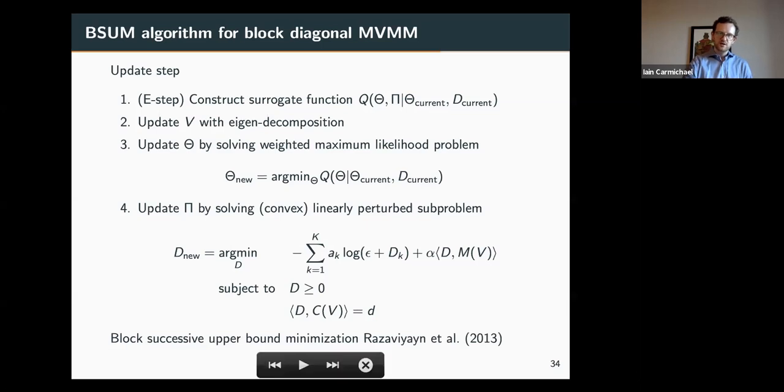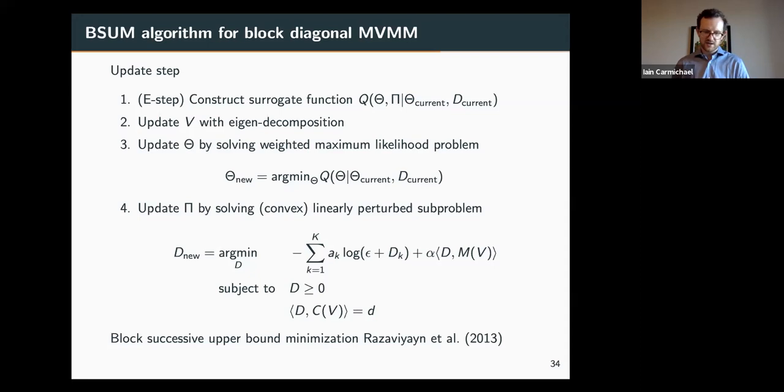So this algorithm that I'm describing is essentially what's known as block successive upper bound minimization, which is a mild generalization of alternating algorithms that allow you to use surrogate functions or update surrogate functions.